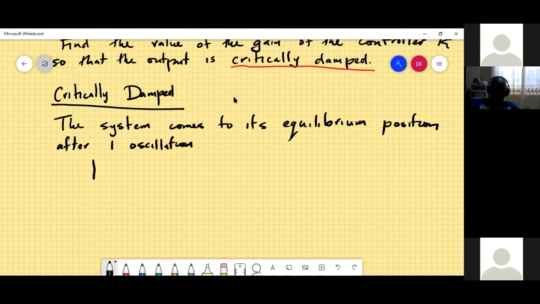So if we were to look at it graphically, let's look at it this way.